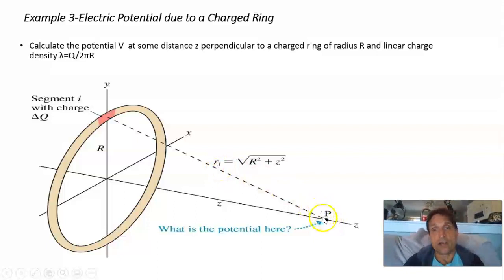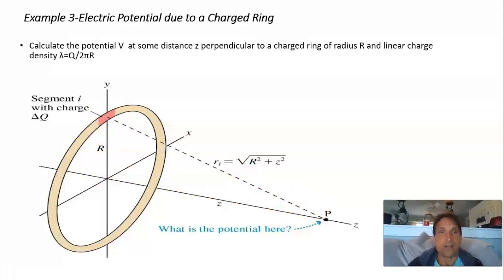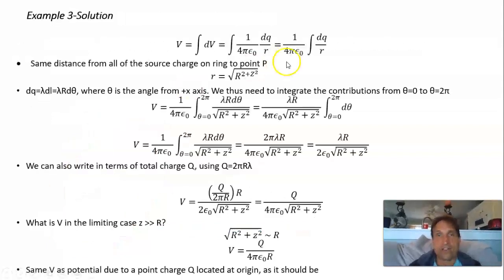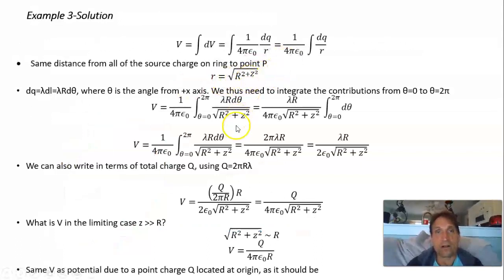We use the Pythagorean theorem. This distance R is equal to the square root of r squared plus z squared. So all the points have the same distance, and that little r in this integral is just the square root of big R squared plus z squared.